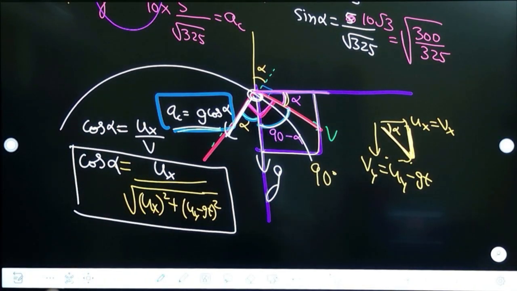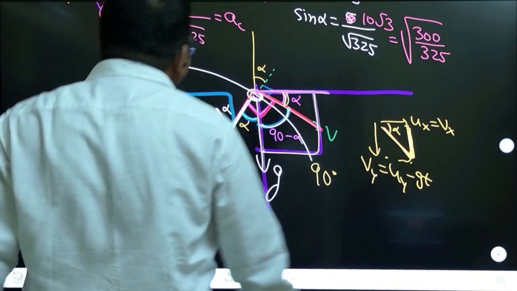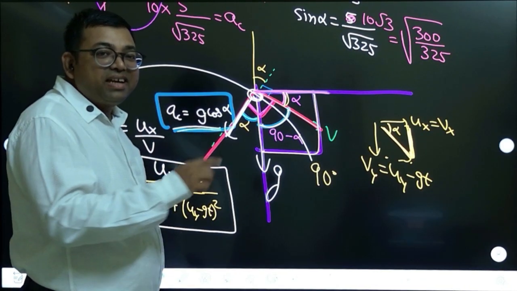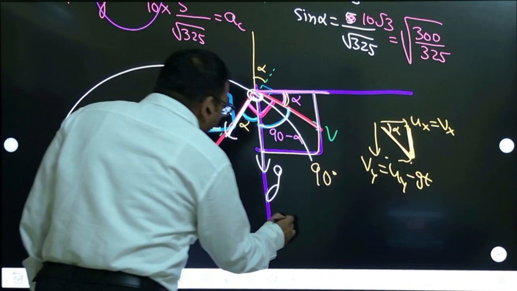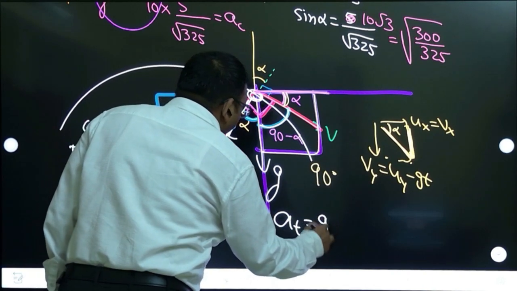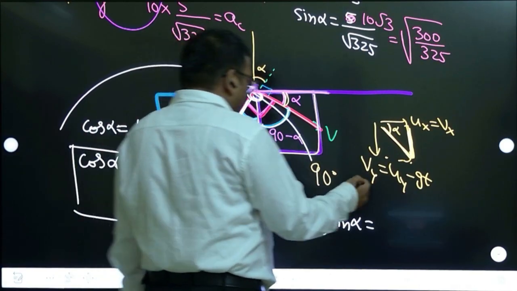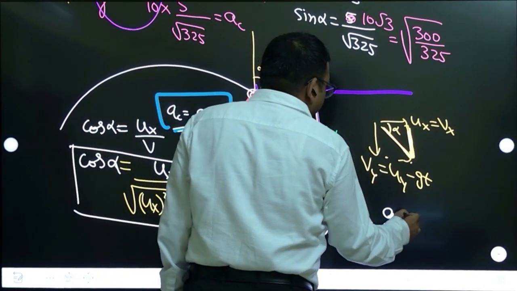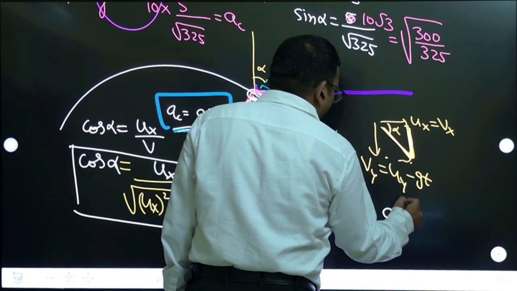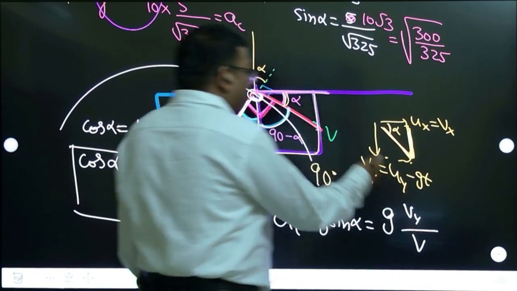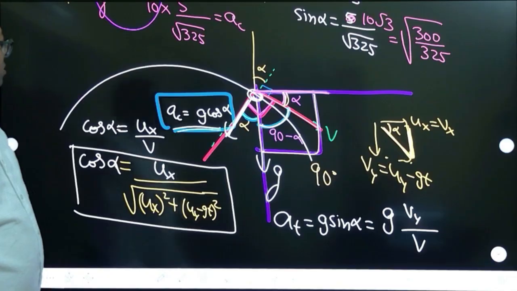Suppose they ask tangential acceleration, then you take G sin alpha. Okay, if they ask tangential acceleration, then you calculate G sin alpha. Then sin alpha now we can calculate from it. So sin alpha is Vy by V. V and Vy we can calculate from it, not a problem.